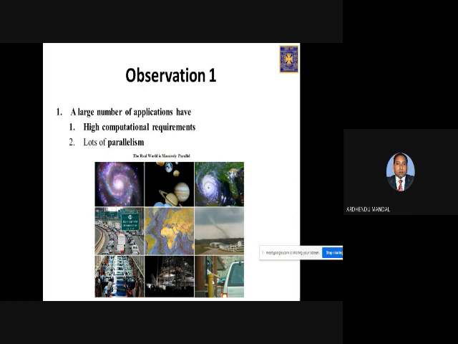So this is one observation: there are many application domains where our traditional computers are unable to provide the support that they expect from the computational point of view. Second thing, we find that there is a lot of parallelism here and there. Even in our environment, we will find many places where parallelism already exists. So you have to keep these two things in mind as we go further.